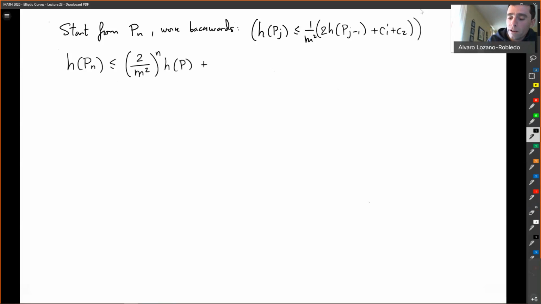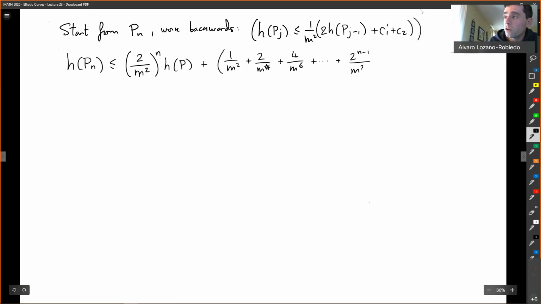The first one is 1 over m squared, and then twice over m squared to the 4th, plus 4 over m to the 6th, plus dot dot dot, 2 to the n minus 1 over m to the 2n, times C1 prime plus C2. Okay, so you get something like this.